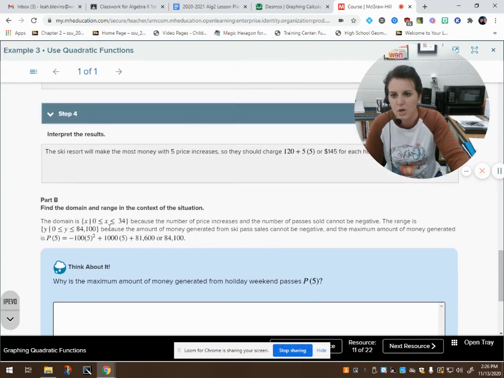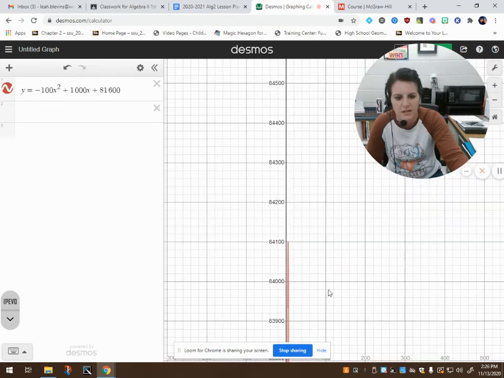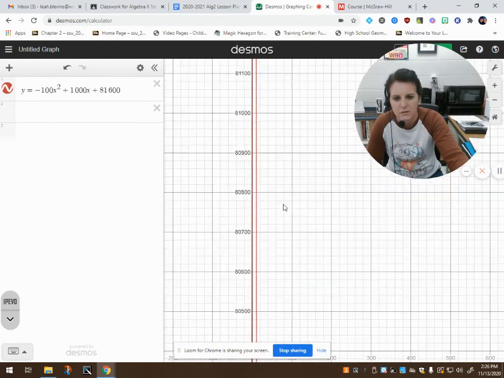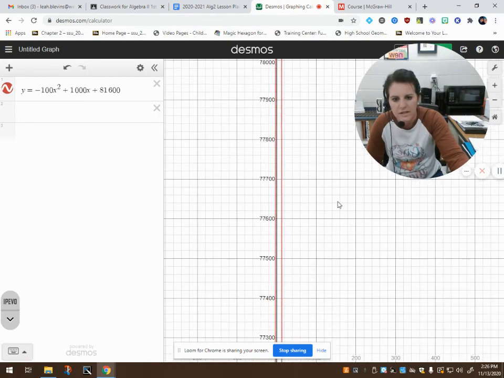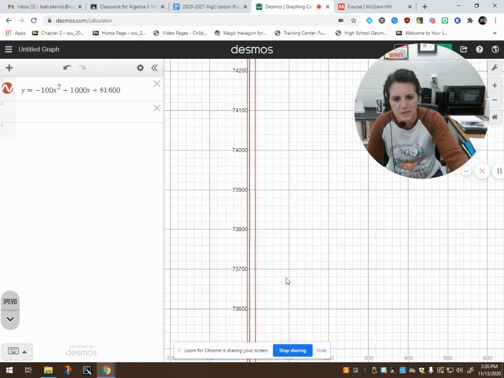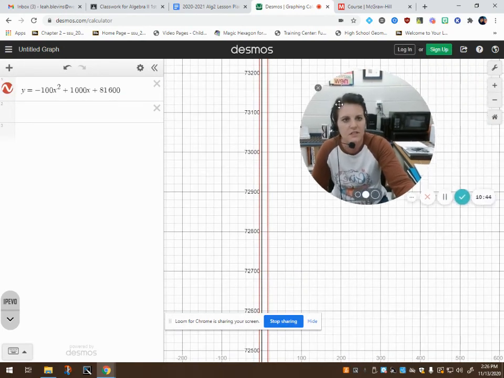So again, my domain is x's from 0 up to 34 because the number of price increases cannot be negative. So if we look back, if I was to zoom way back out here, scroll down. Looking at this graph, I wish there was a better way to do this. I'm sure there is, and I'm just not smart enough to know what it is.